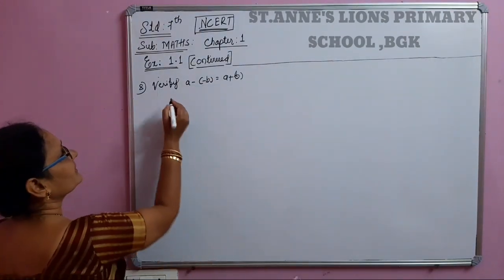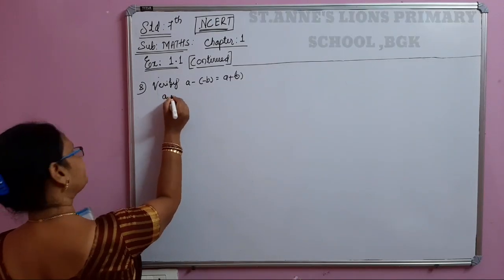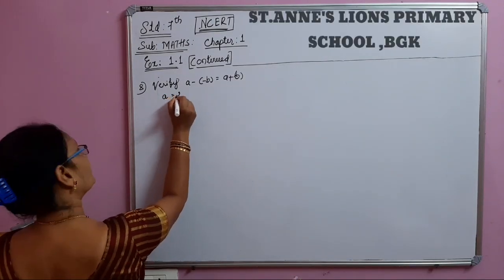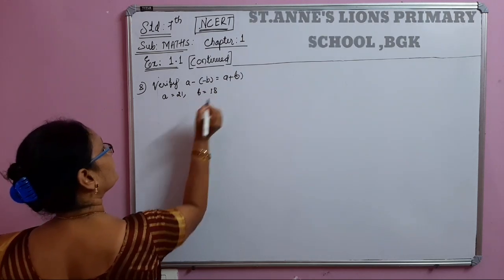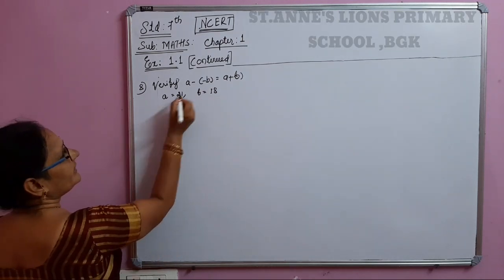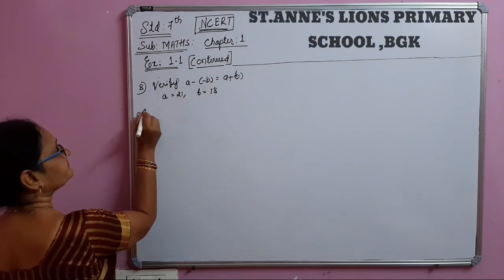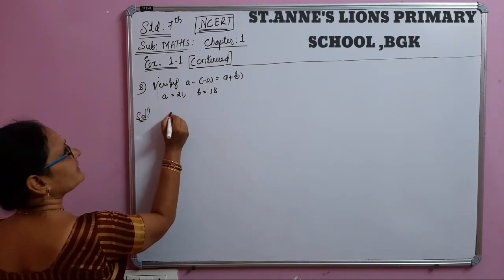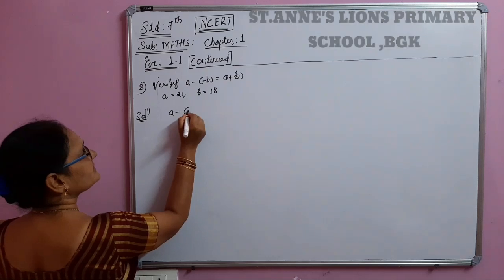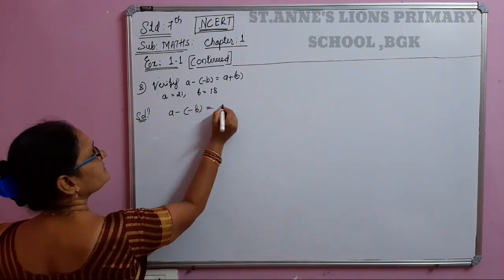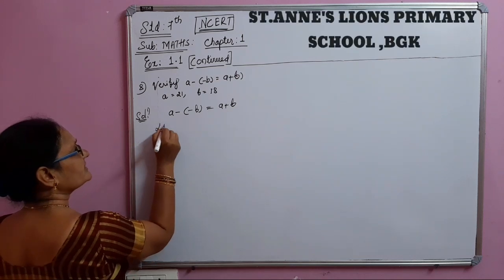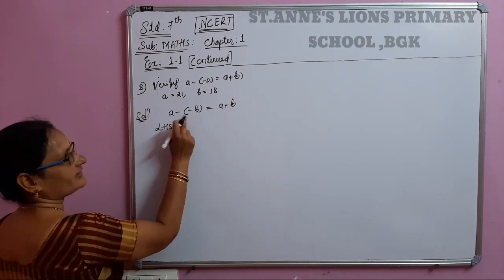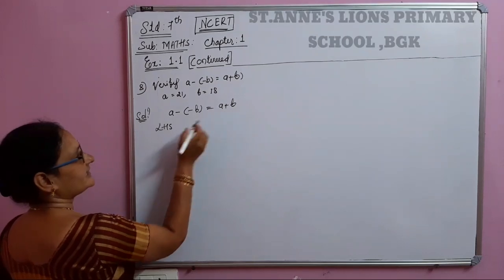See what to do. The first value is a is equal to 21, b is equal to 18. Okay. Now see, we write the given relation: a minus of minus b is equal to a plus b. Now here what is LHS? LHS means left hand side. This is the right hand side.